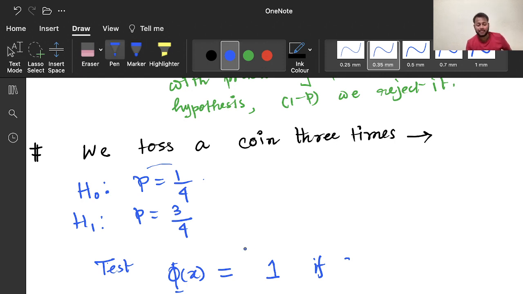That means when the number of heads is large, we will reject the null hypothesis, since P equal to 1/4 means the chance of head is less.